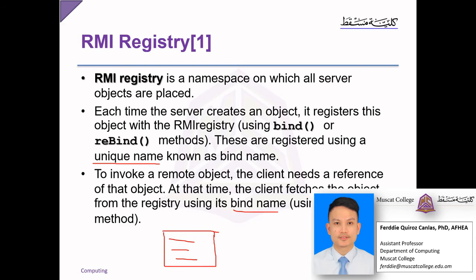In that way, we invoke the lookup method so that we see the unique name, or the bind name, of the specific client you want to communicate with. So this is the RMI registry.